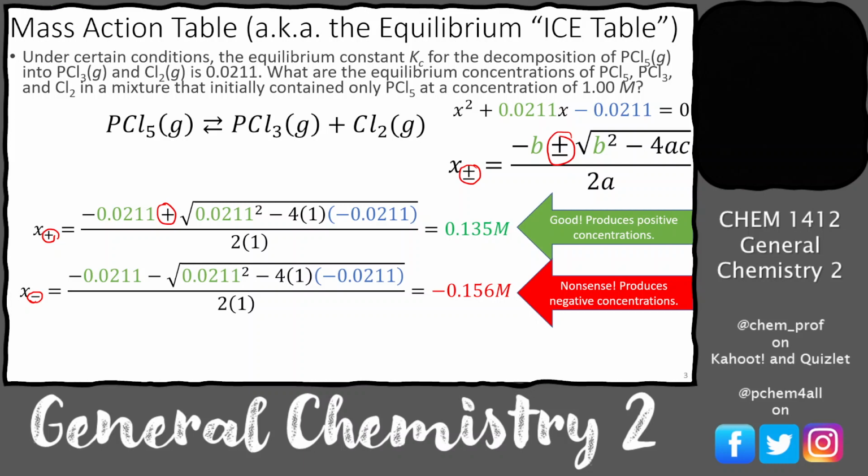What I do, because it's difficult to do this in one shot on a calculator, is I go ahead and calculate this piece and write that number down. Then I square that and take the difference, and then I hit the square root. So I calculate this one, then this one, take the difference, take the square root, and then I subtract it or add it to this number.